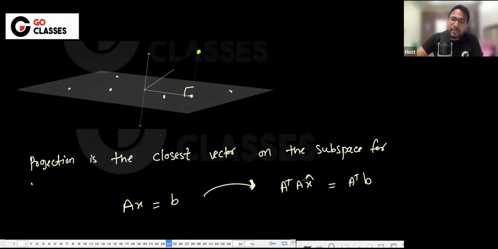Here, x cap is telling you the coefficient to make this projection. Instead of finding the best possible b, I will ask what is the x cap that gets me this p. I'm more interested in this p now because getting x is impossible. I want to get this p. So what are the coefficients of A which make P? This x cap.